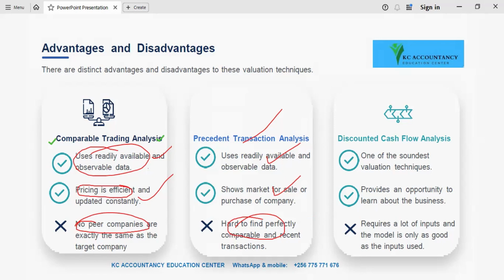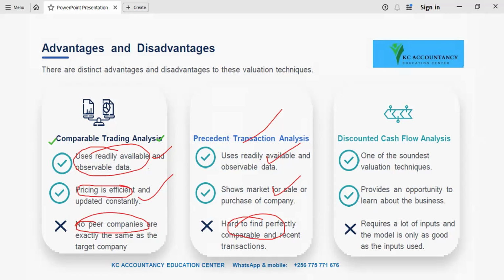Even though the information is readily available, maybe the company was bought in the early 90s, and you are still using the values of the early 90s because they are the ones that you have. So recent transactions may not be available since we are looking at previous buyers.